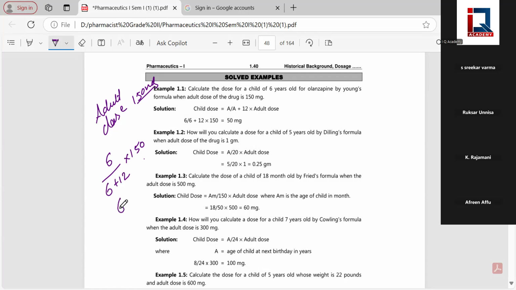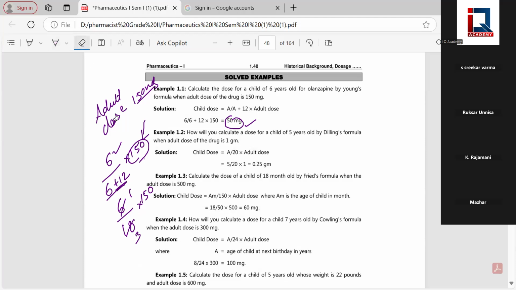So 6 plus 12 is 18. 6 by 18 into 150. Now you should calculate. The answer you should get is 50 mg. You should learn the basic calculation part. So Young's formula, age of the child by age of the child plus 12 into 150, you will get this answer, right?